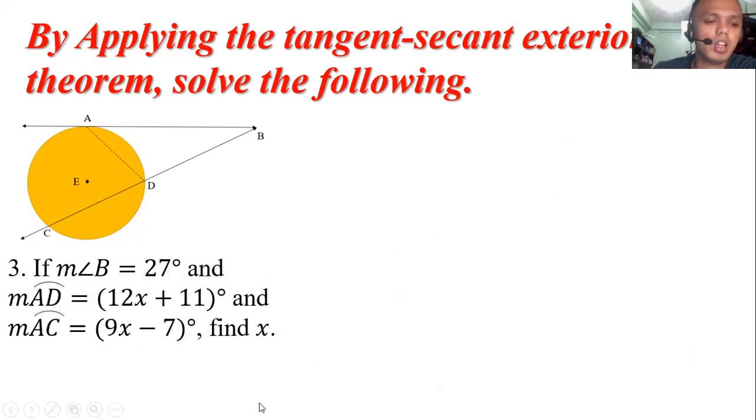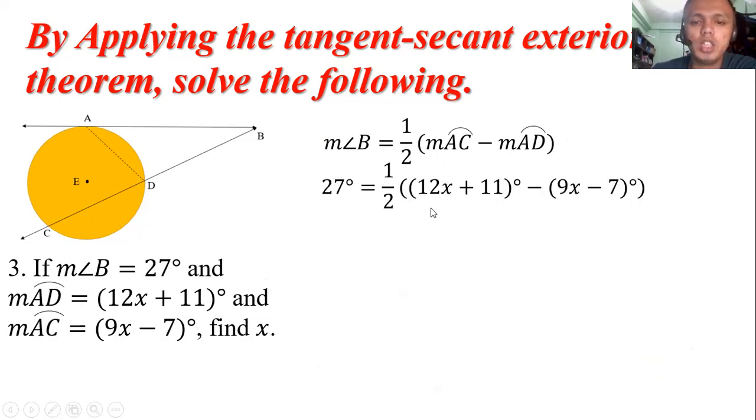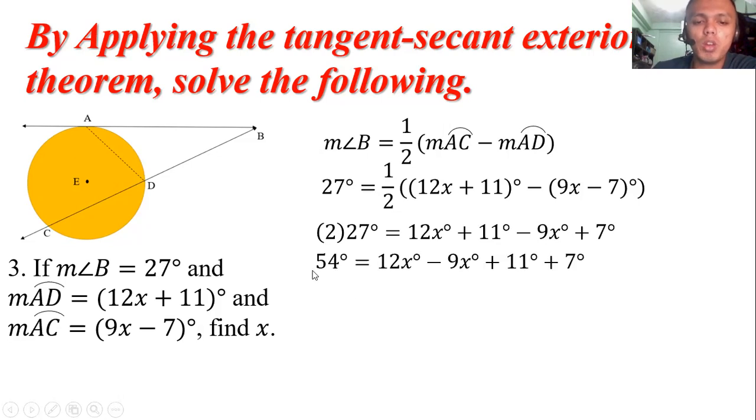Number 3, here, if measure of angle B is 27 degrees and your AC here is 12x plus 11 and your AD is 9x minus 7, what is x? Now, using this formula again, yung B natin is 27, yung AC natin is 12x plus 11, yung AD naman is 9x minus 7. Now, multiply muna by 2 natin to, and then combine the similar terms. 2 times 27, we have 54.